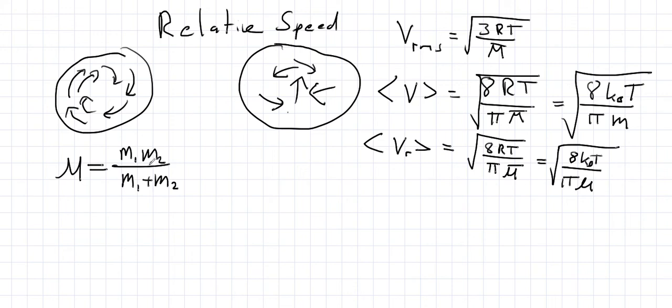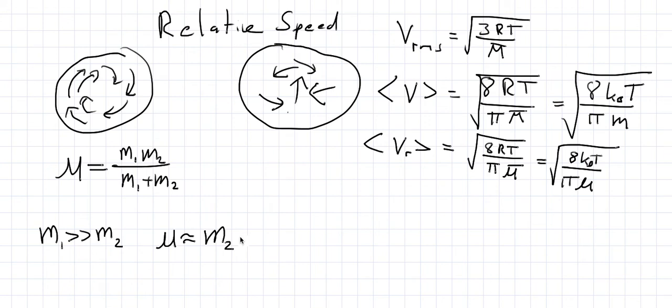And notice one characteristic of the reduced mass is that, let's imagine that M1 is much, much greater than M2. Well, in that case, we can see the reduced mass. What's going to happen? Well, M2 is negligible, so we can leave it off, which means we can cross out these two. It's going to be equal to M2.